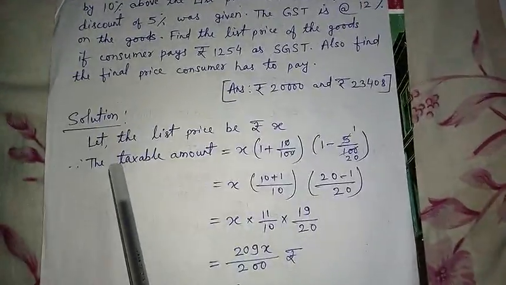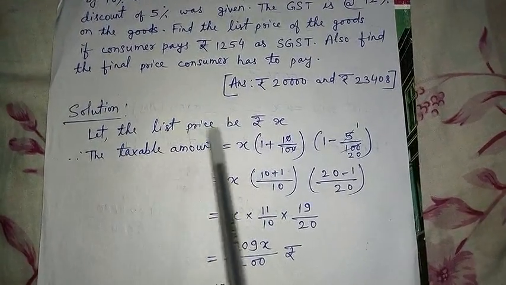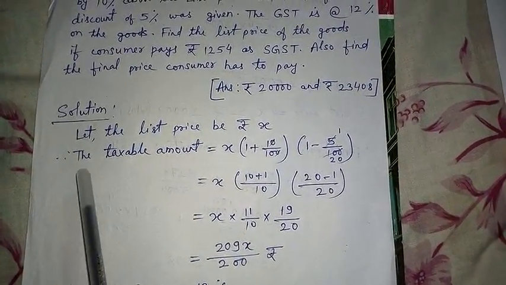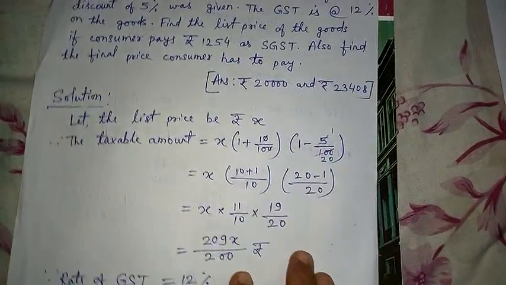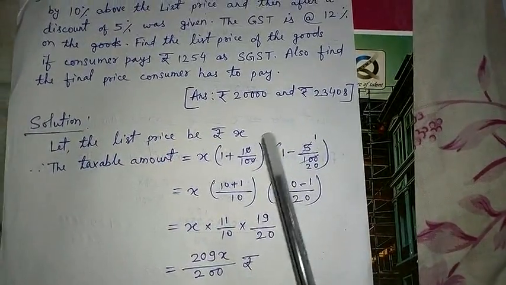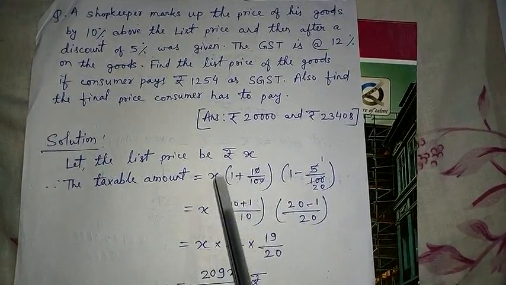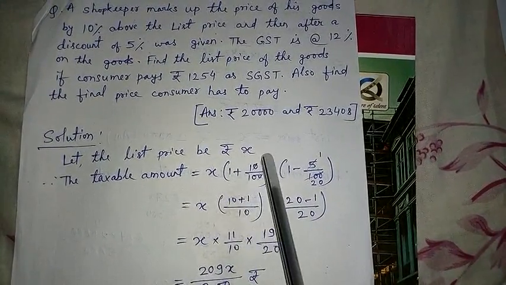So first I began this question this way: let the list price be rupees X. We do not know the list price, so you keep it as X. So the taxable amount will be like this. First, on this list price 10% price was increased. So the formula will be X into 1 plus 10 by 100.